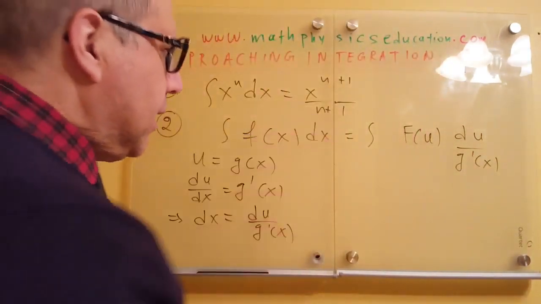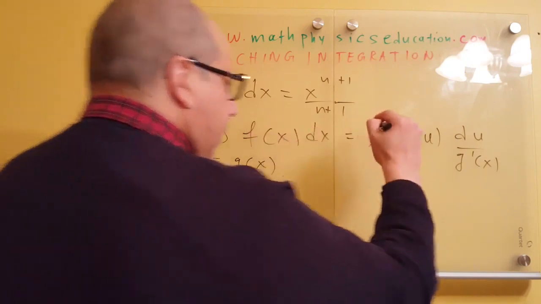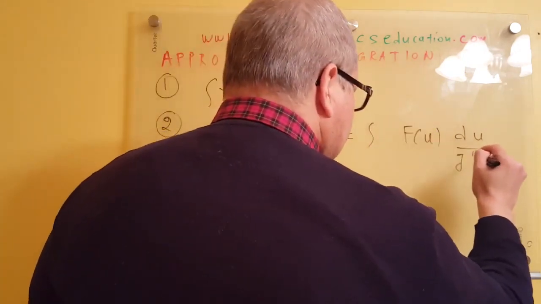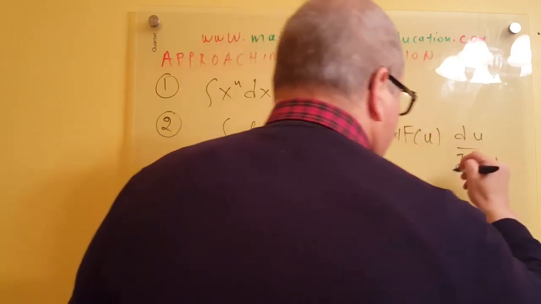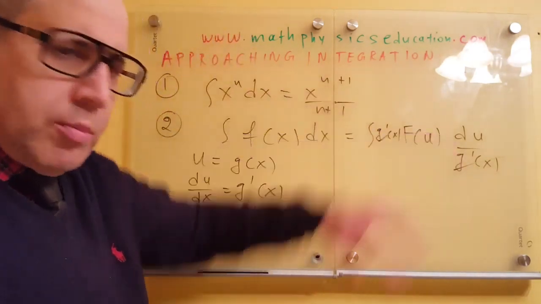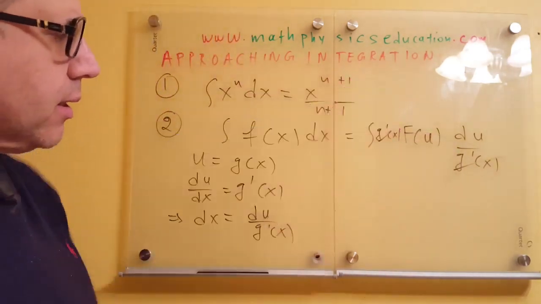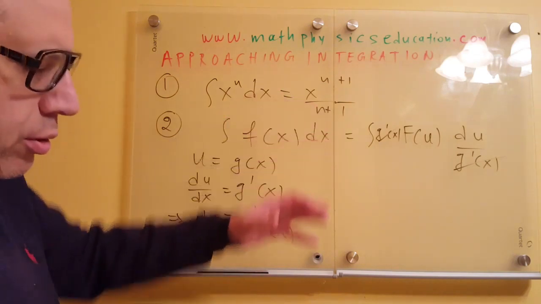So if in this function you have exactly this here somewhere, this cancels, and that means that you can proceed and find the integral by substitution.